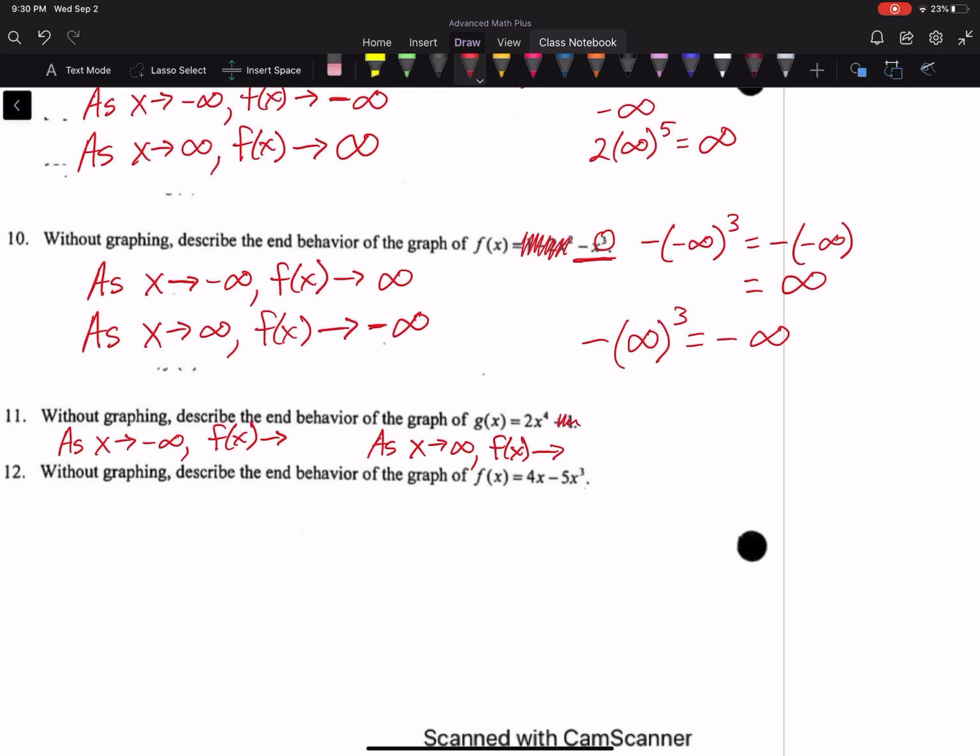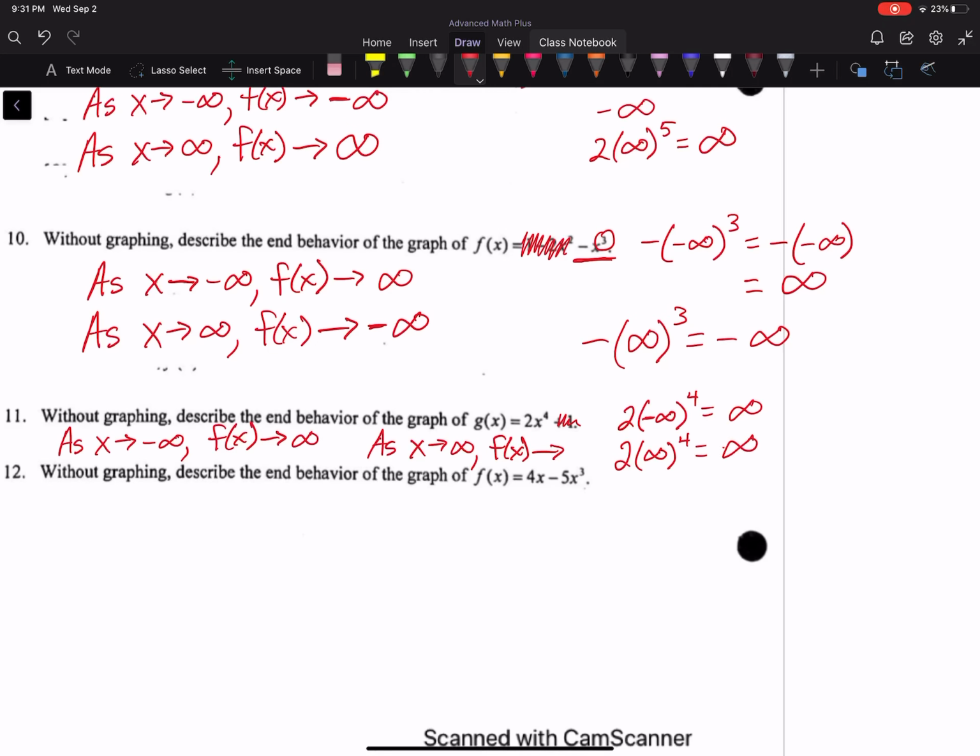Okay? So, if I plug in 2 times negative infinity to the 4th, a negative to the 4th power becomes positive, so that will just be positive infinity. And 2 times positive infinity to the 4th will also just be positive infinity.